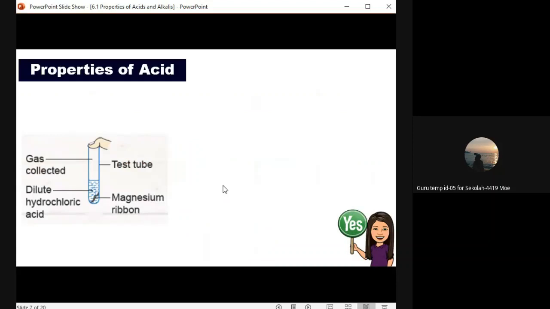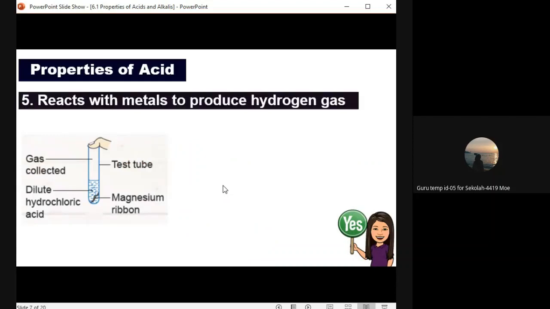And then the last property of acid is that acid will react with metals to produce hydrogen gas. Let's look at this little experiment here.